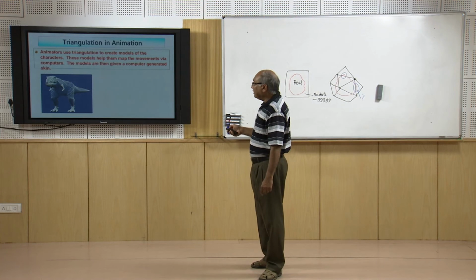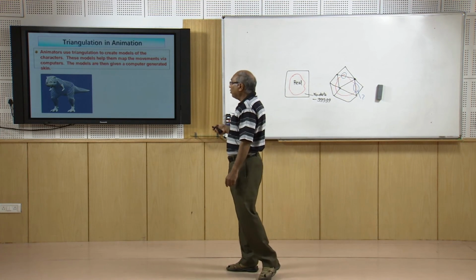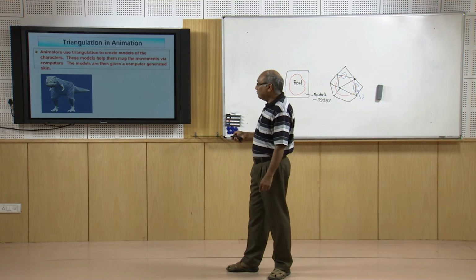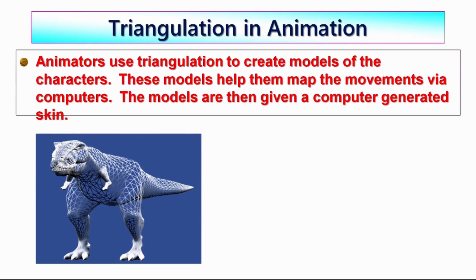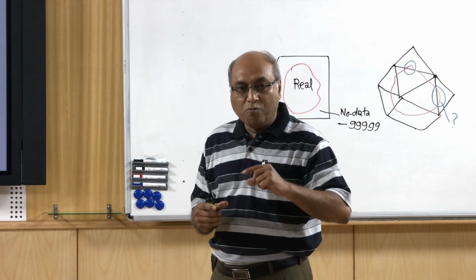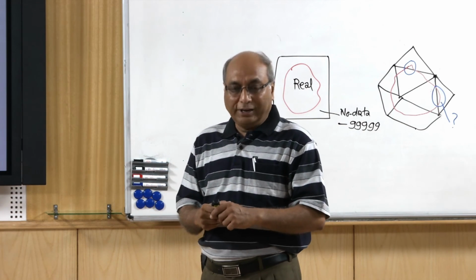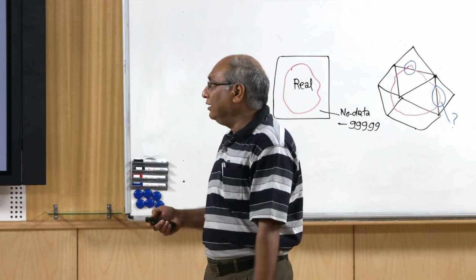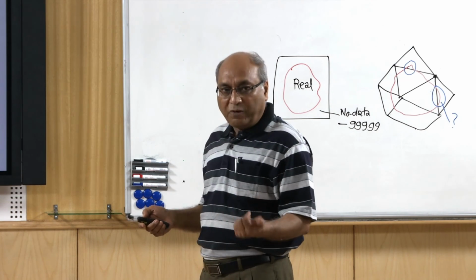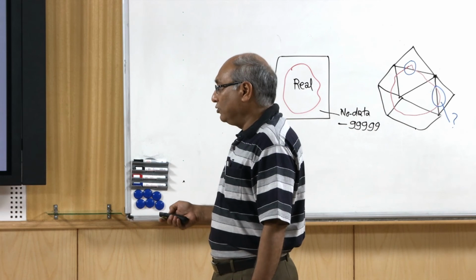Animators use triangulations to create models of characters, as you can see for these dinosaurs, and these models help them map the movements by computers, because when these animated animals move, it is much easier to control them through these TIN models than any other model. That is why animators prefer to use TIN.